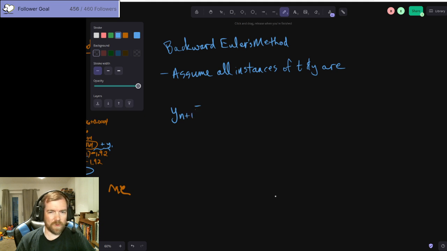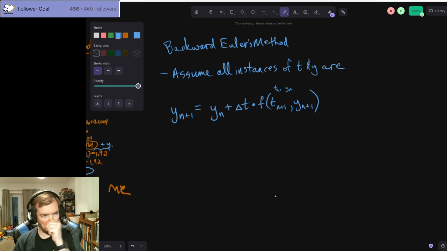So it's still going to be y sub n plus 1 equal to y sub n plus delta t times f of, here's where it changes. Instead of t and y sub n, we're going to say this is t sub n plus 1, y sub n plus 1. Which is really weird.